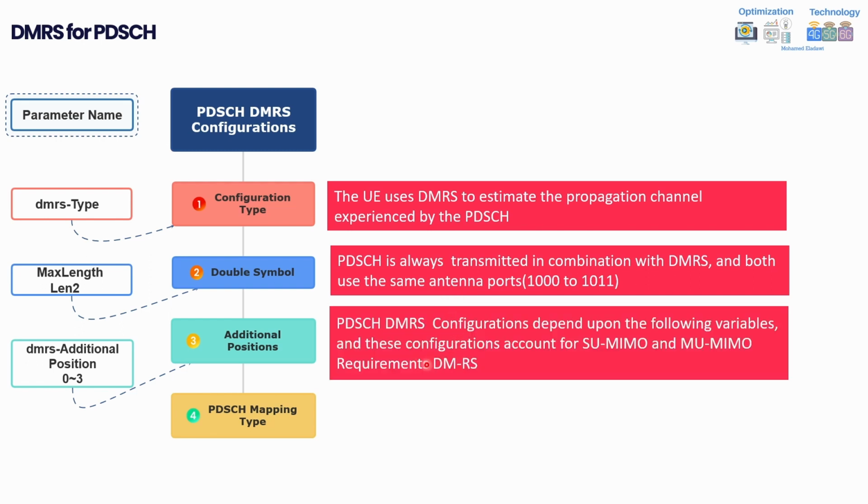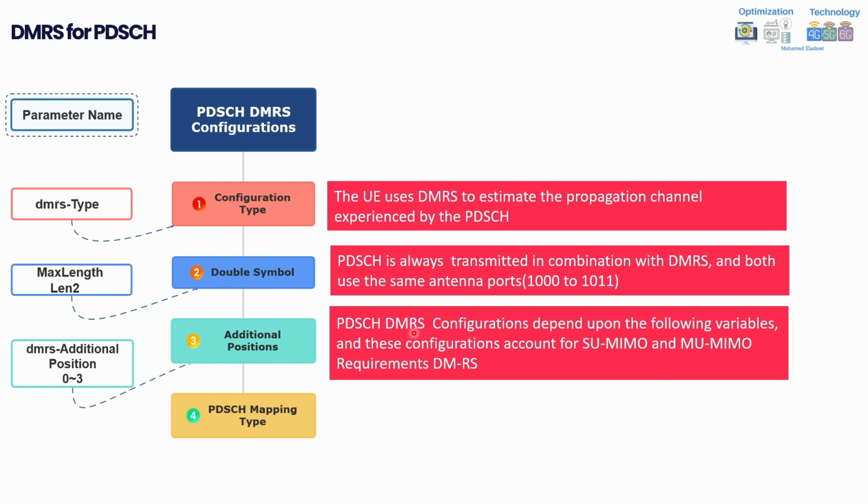The last point I want to cover is that when you read the documents or training material, there is usually confusion about the configuration. As you can see here, we have many configurations, and the PDSCH DMRS configuration depends upon those variables and even more.